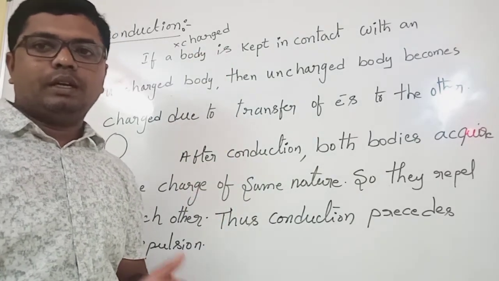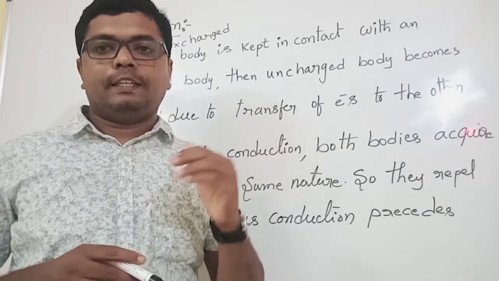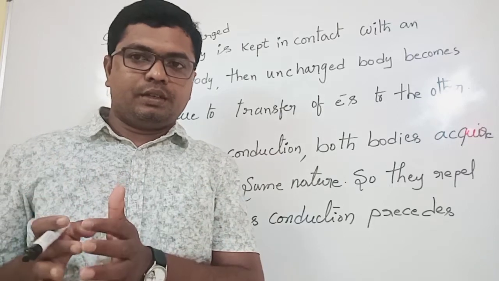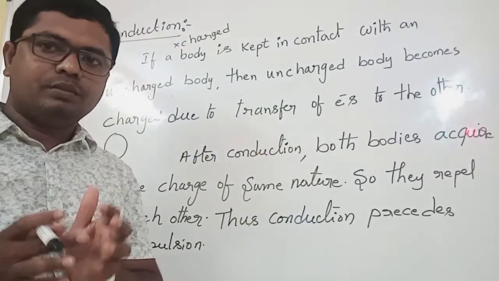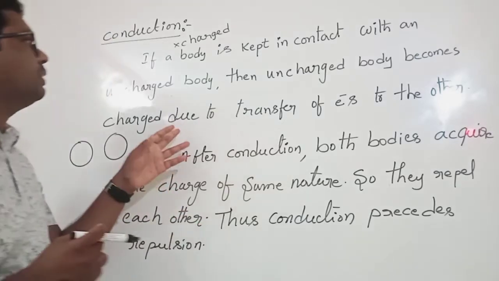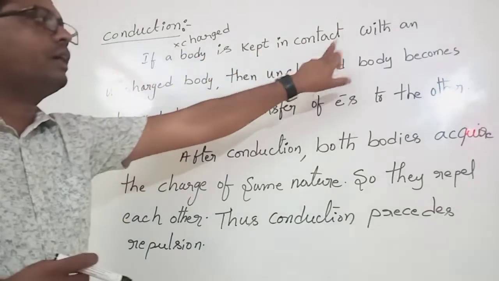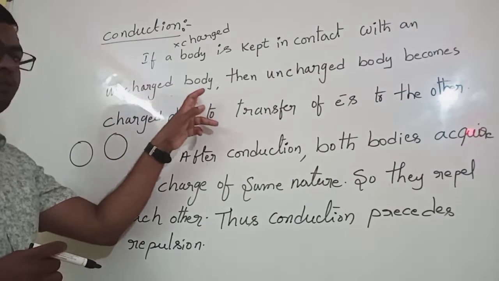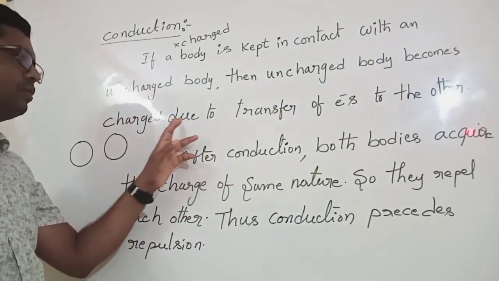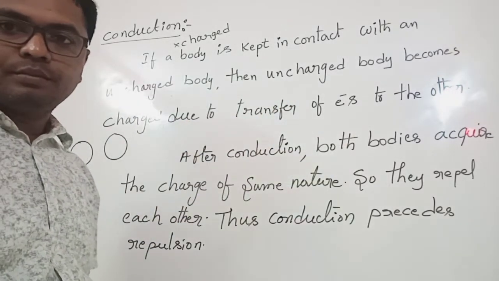Let us consider a sphere. It is a charged sphere, consisting of Q amount of charge. The second sphere is also an uncharged body. Now these two are in contact. Please note it down once again: if a charged body is kept in contact with an uncharged body, then the uncharged body becomes charged due to the transfer of electrons to the other body.